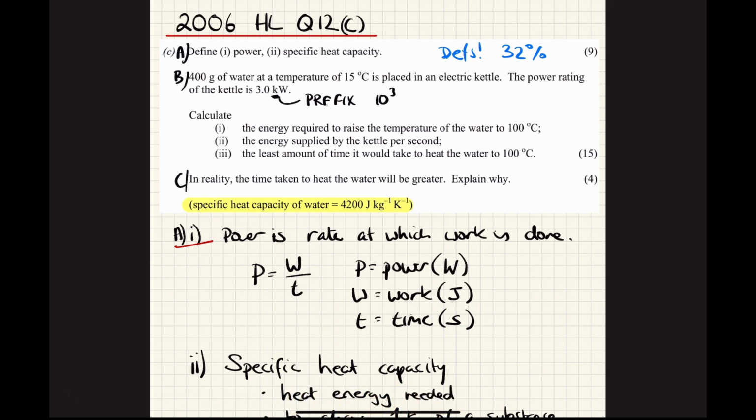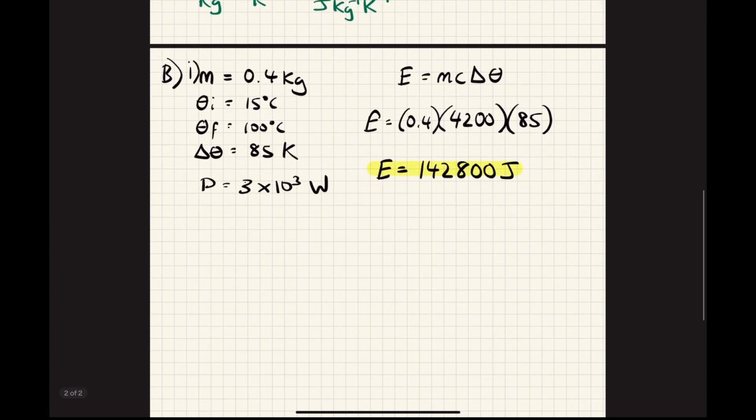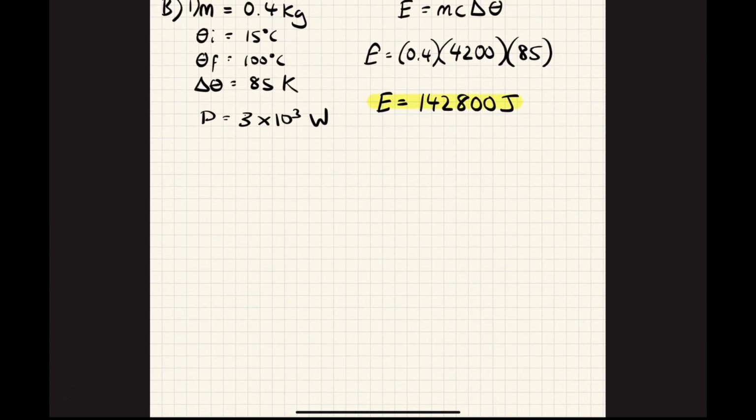Now this one really stumped people. The energy supplied by the kettle per second. It's something to do with this power business. Let's talk through this. If the power is 3 by 10 to the 3 watts, another way of saying that is 3,000 watts.